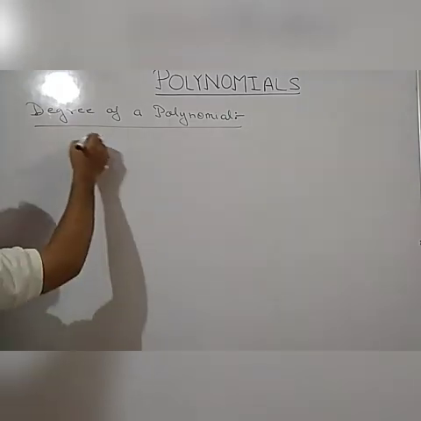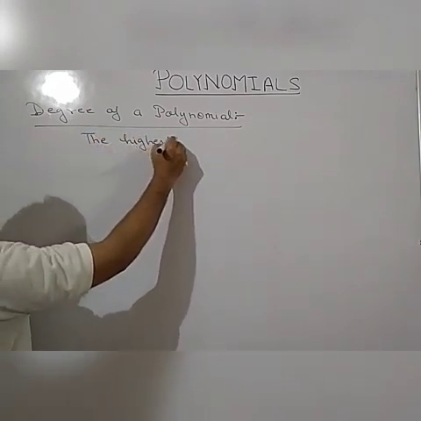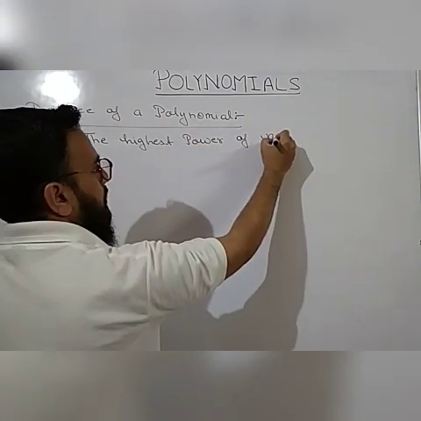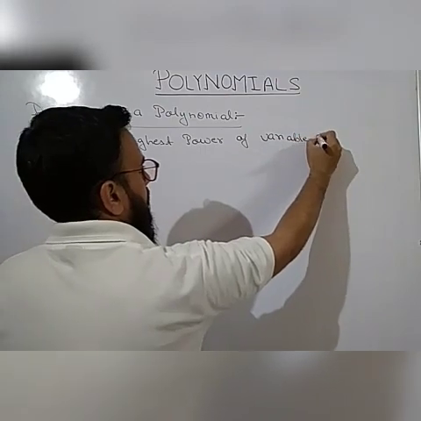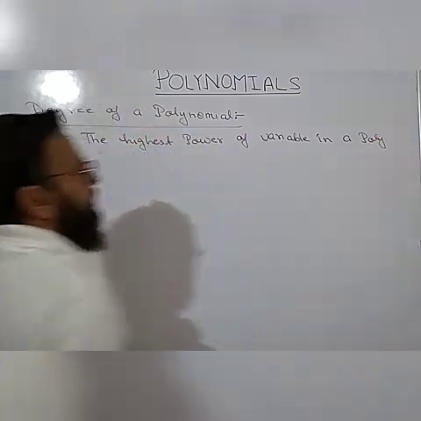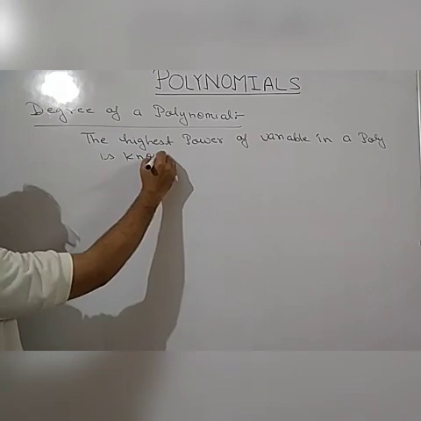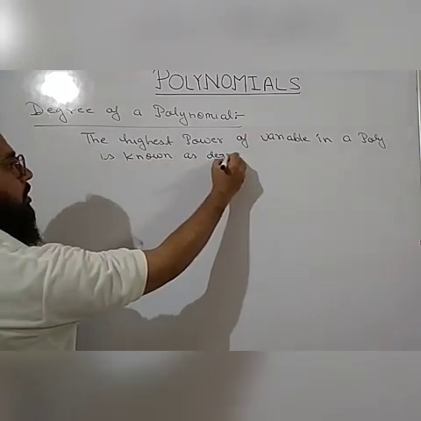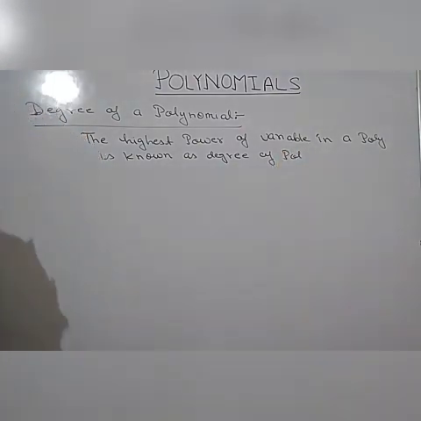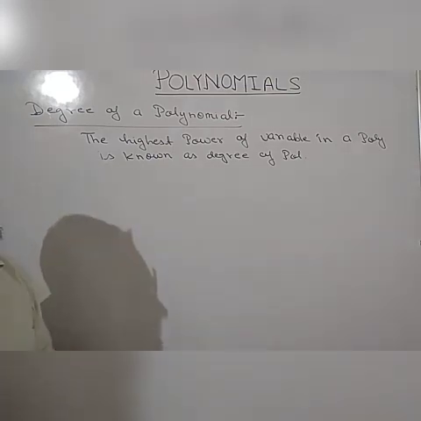Degree means the highest power of the variable in a polynomial. The highest power of a variable in a polynomial is known as the degree of the polynomial. Okay, the highest power of the variable in a polynomial is known as the degree of a polynomial.